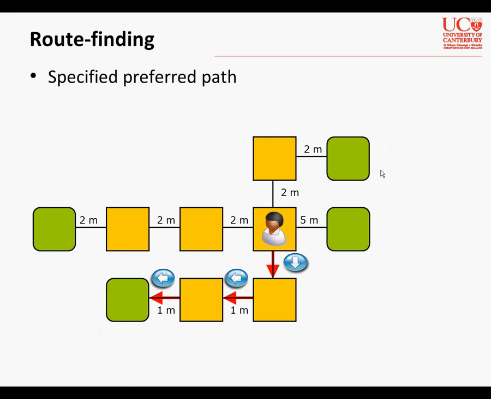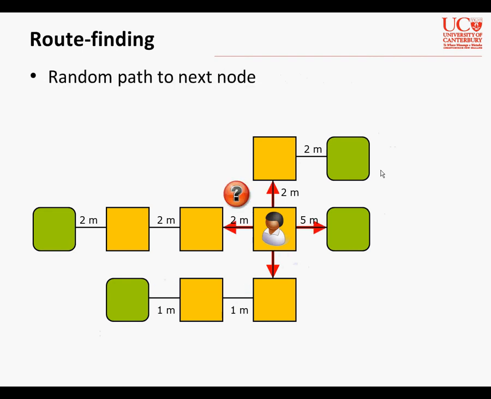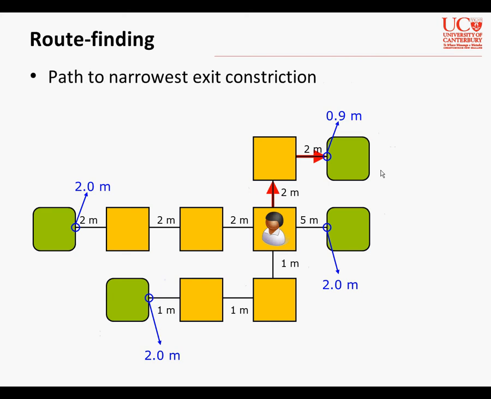Typically, this might be having agents follow a route that represents the way they came in the building and the way that they then leave the building. The random path to next node is included for completeness, although not particularly useful. In this case, the agent simply selects a random neighbouring node.